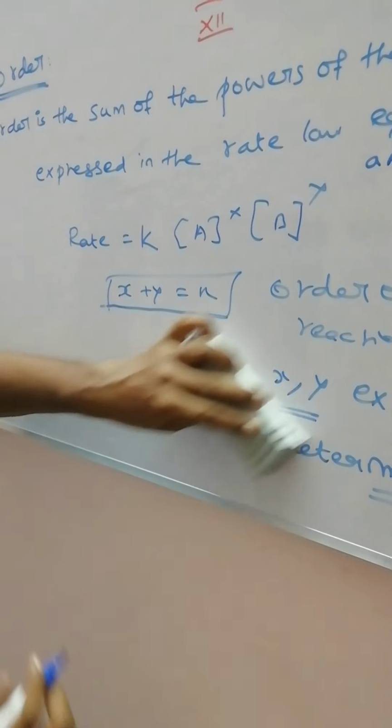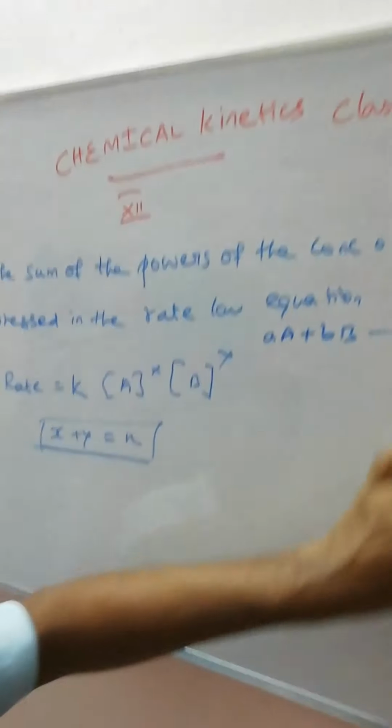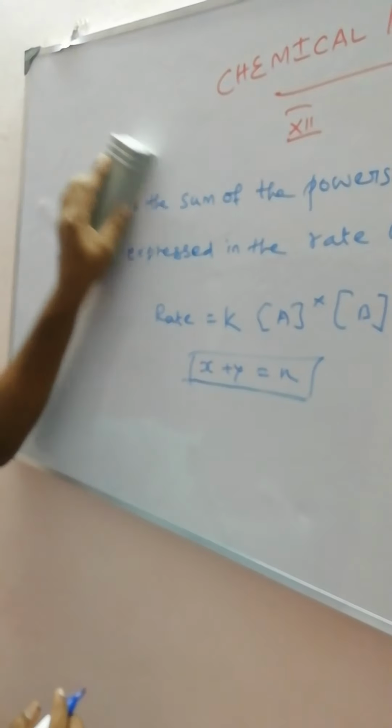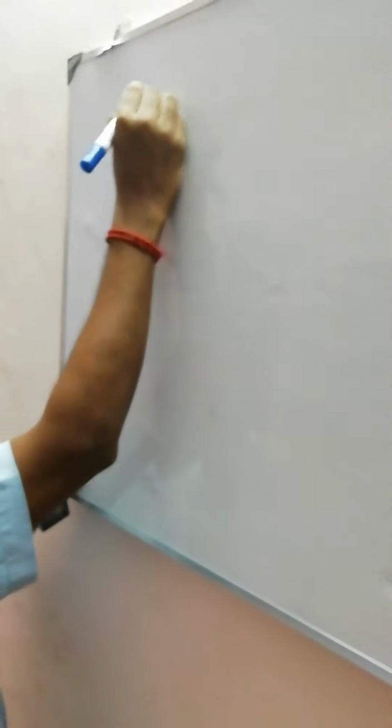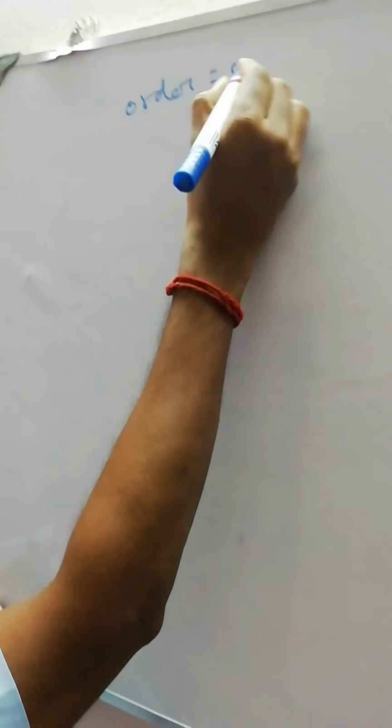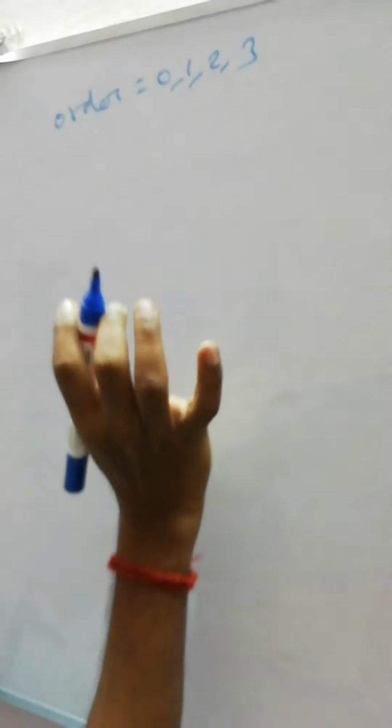Now I am going to tell one example to explain the order in detail. Order may be 0, 1, 2, 3 like that. Order is an experimental value.